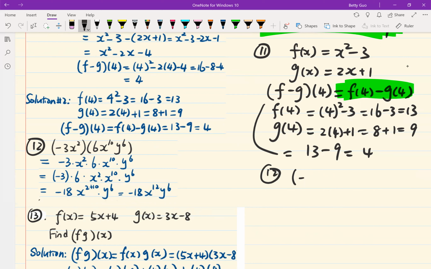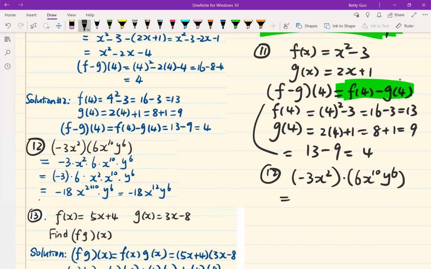It's a monomial, univariate monomial, times a multivariate monomial, 6x to the power of 10, y to the power of 6. Yeah. So that is a multiplication of two monomials. The structure of the whole expression is one product, one multiplication. We know in multiplication, the order of the factors does not matter.